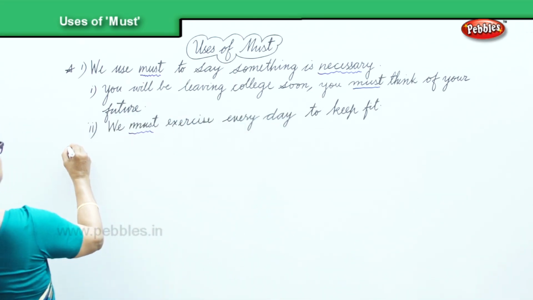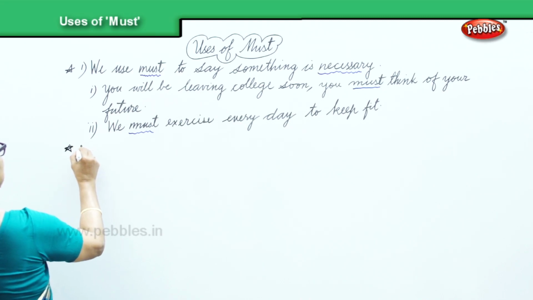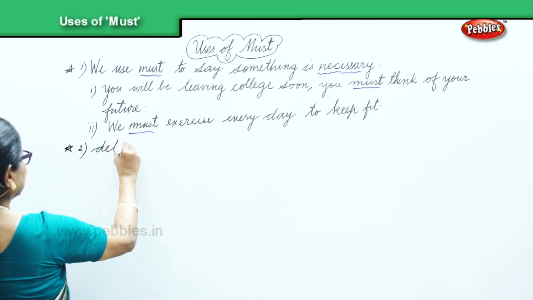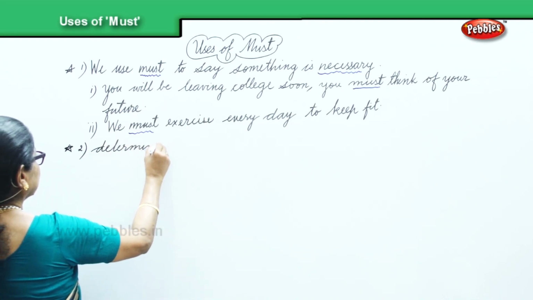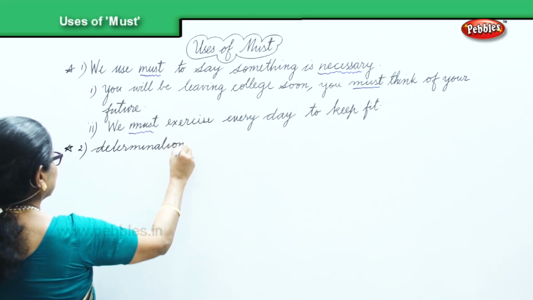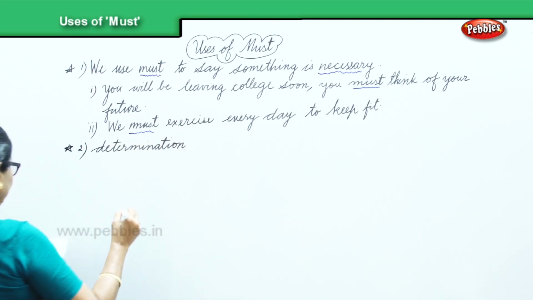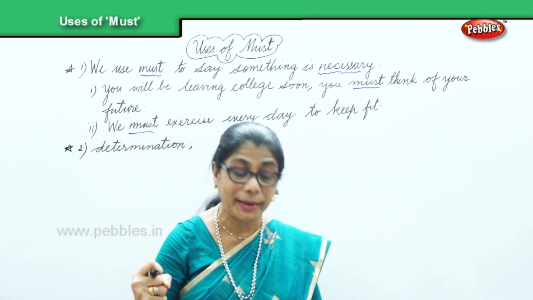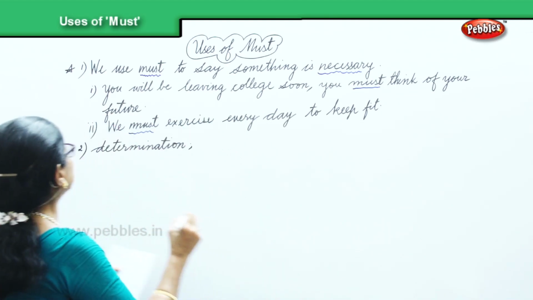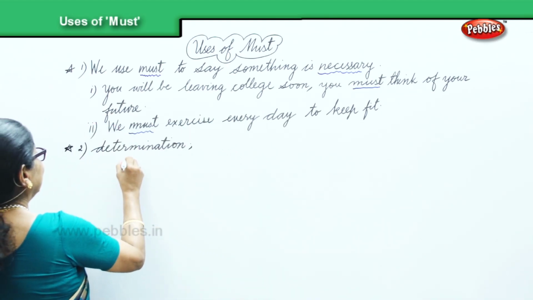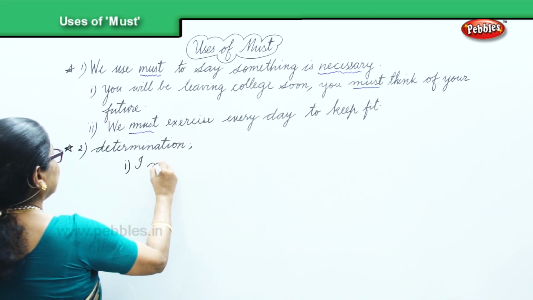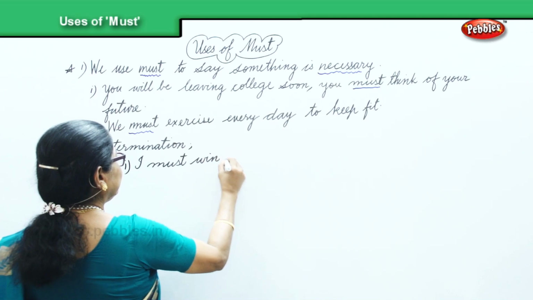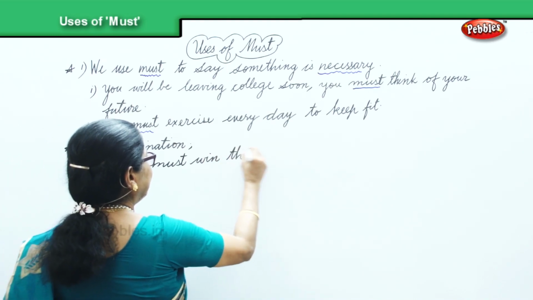Number two, must is used for determination. Okay. In determination, as in, I must win this match. I must win. I must win this match.